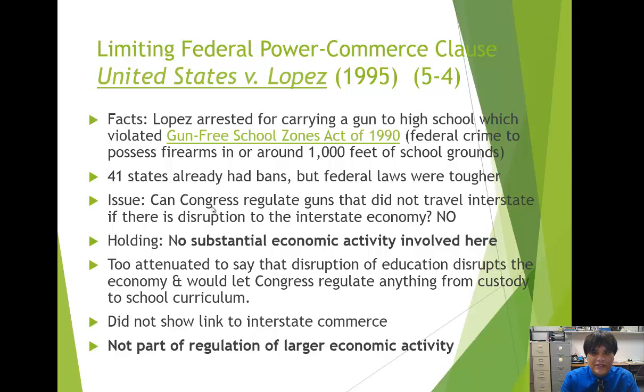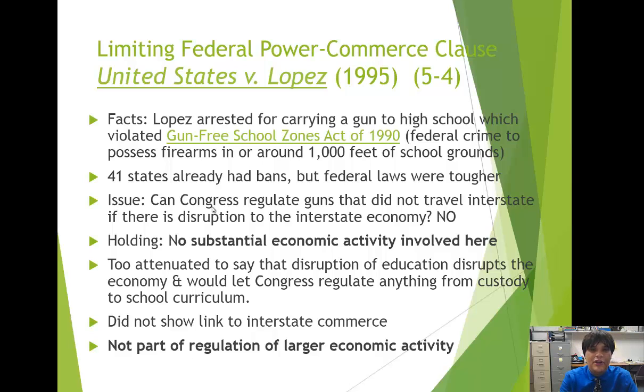There's no substantial economic activity involved here. How is carrying a gun on campus interfering with economic activity in any manner? That's what the Supreme Court really said. You can't argue that his carrying of a gun on campus disrupted the school day, which disrupted the student's education, which made him unable to function in the economy, which disrupted the entire United States economy.